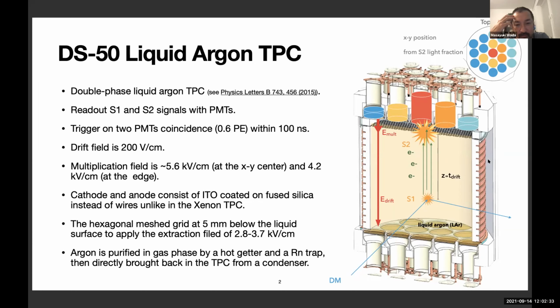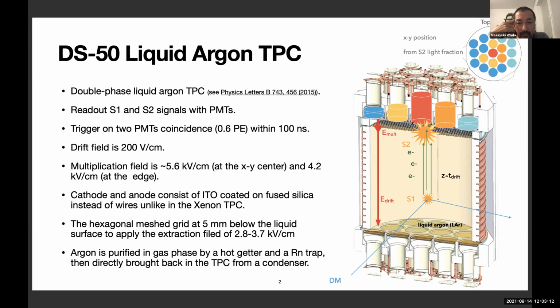The multiplication field at the gas pocket has some radial dependency due to some unknown reason. At the center we have a stronger field of 5.6 kilovolt per centimeter, and at the edge a weaker field, 4.2 kilovolt per centimeter. The electric field is terminated at the cathode and the anode with ITO, not wires like in a xenon TPC.